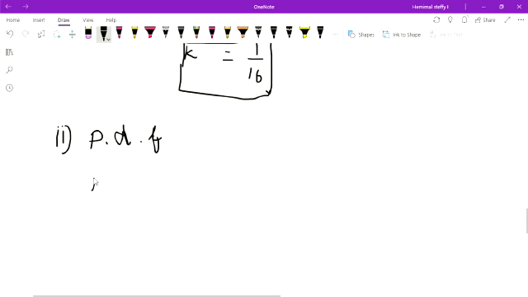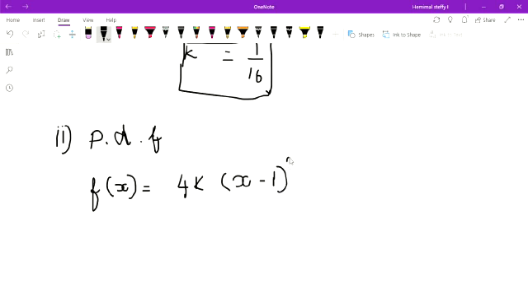f(x) is equal to 4k(x minus 1) power 3 for the limits 1 less than or equal to x less than or equal to 3. Is it correct?